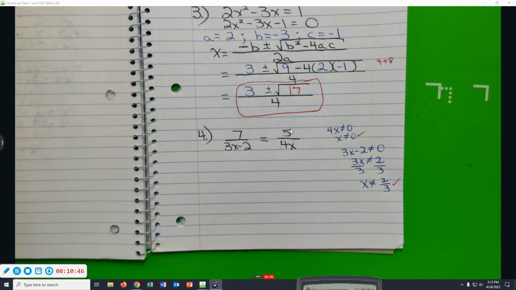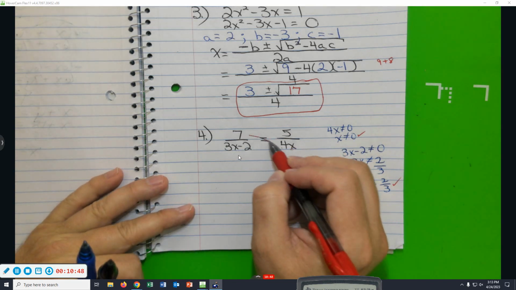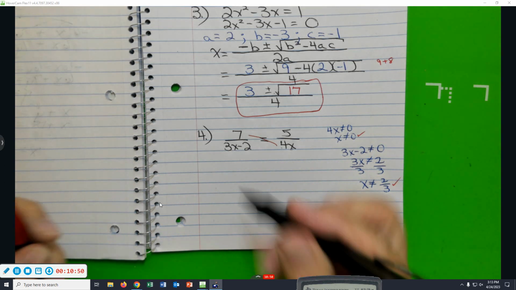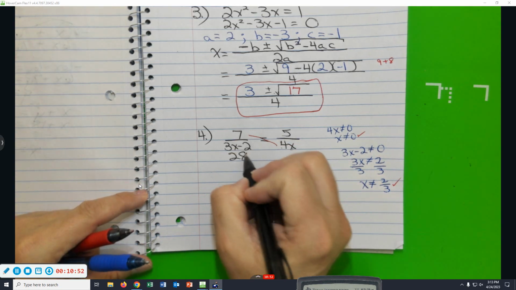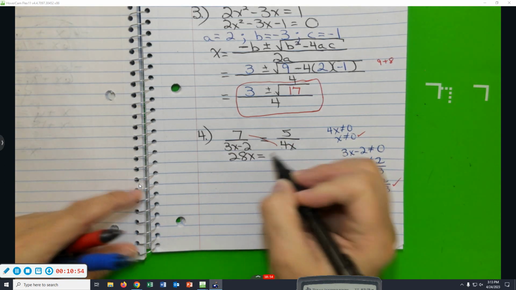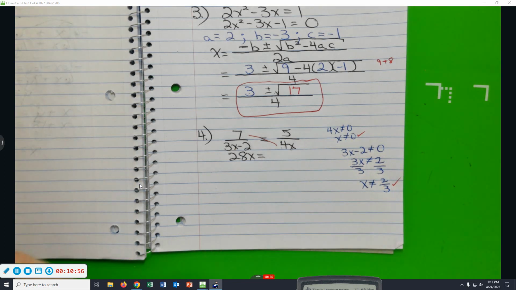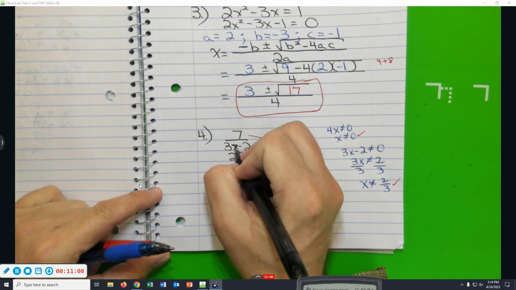Cross multiply, I agree. 7 times 4x, that's 28x. Oh, I'm still using x's. Huh? You're using a z, okay. Change the x's to z's? No, wait. I'll do it.